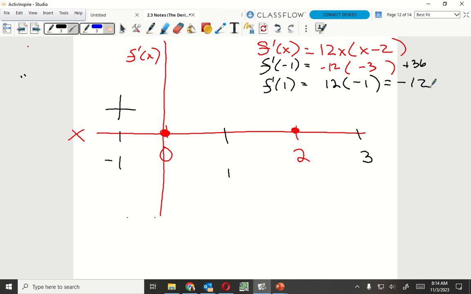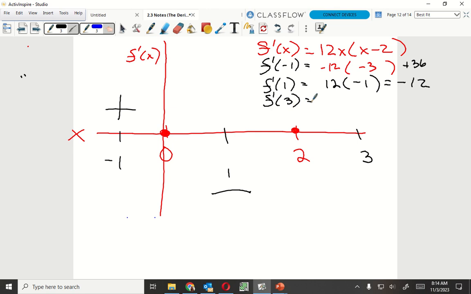So it tells me that in between 0 and 2, everything down here is going to be negative, right? So all my slopes of my graph in between 0 and 2 are going to be negative. That's a negative, not a cyclops winking. All right, so next one, f prime of 3.